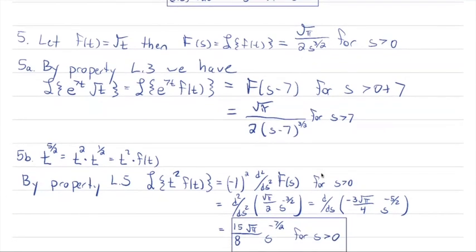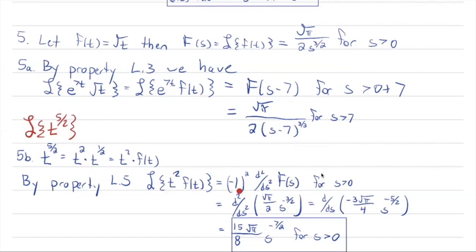Seems not. So in part B, the question was, we wanted to calculate the Laplace transform of t to the 5/2. The idea here is, how can we use properties and the fact that we know what the Laplace transform of the square root of t is? I could write t to the 5/2 as t squared times t to the 1/2. So the Laplace transform of t to the 5/2 is the same thing as the Laplace transform of t squared times the function f of t, which was square root of t.